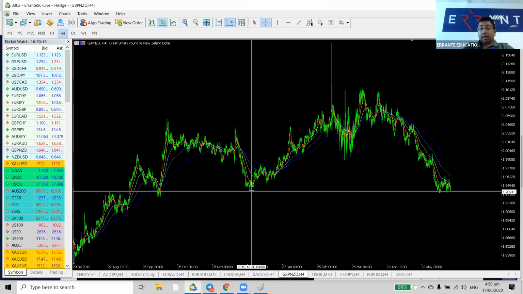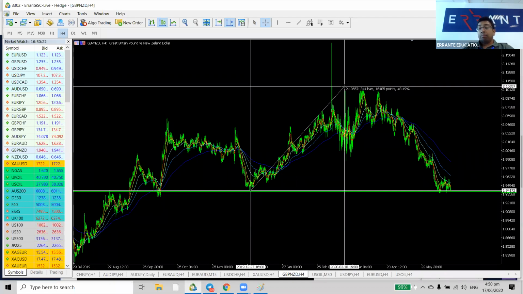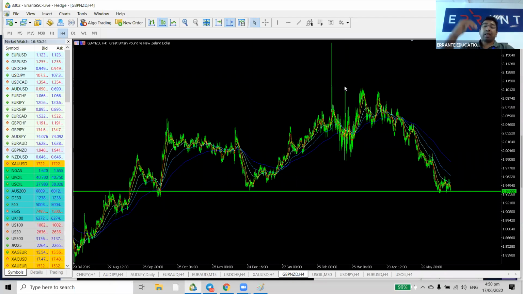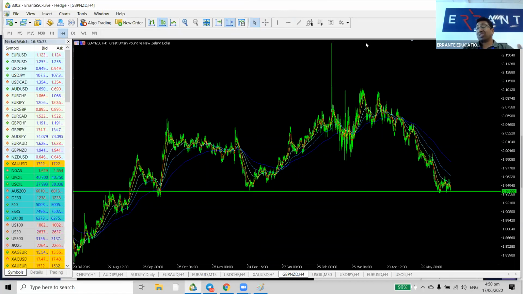So from that level there, price has appreciated. You can look at that, minimum 1,600 plus pips. But then if you were to consider that movement up to the wick area right there before it depreciated, it was about 2,300 plus pips.